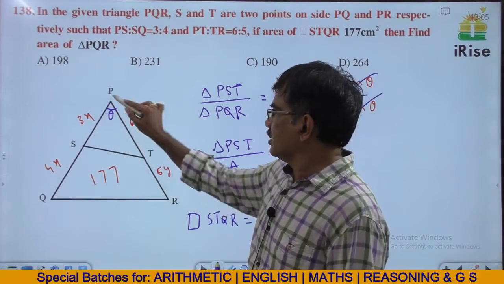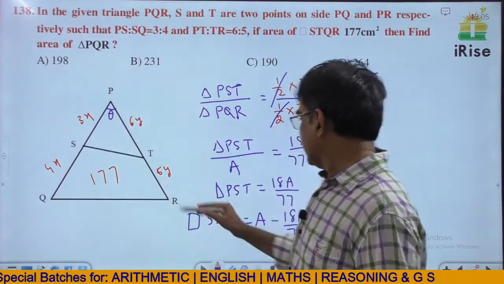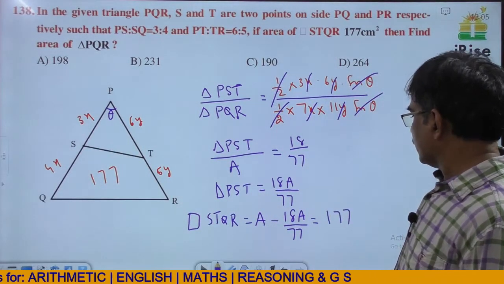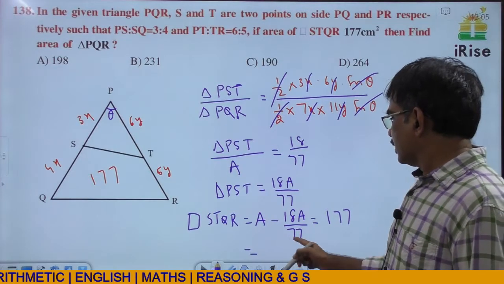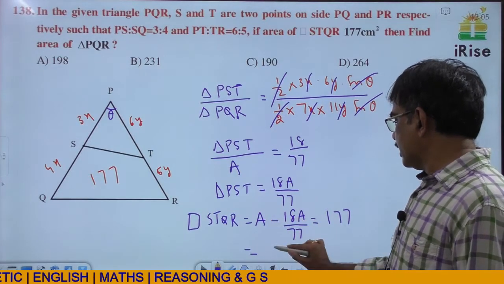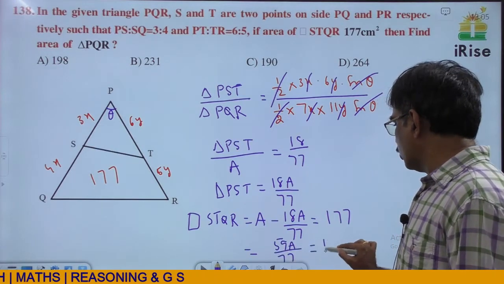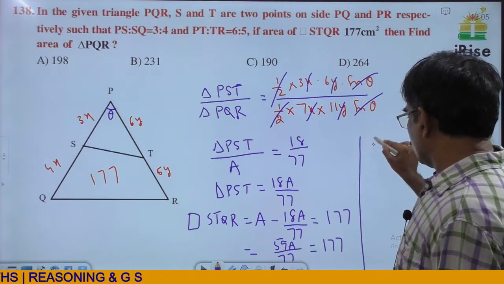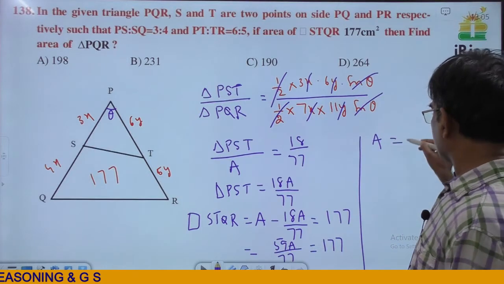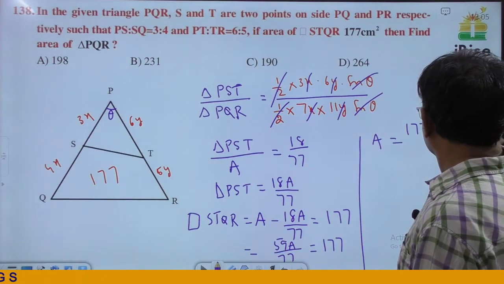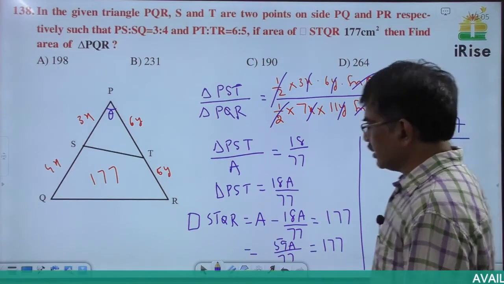Total area minus this triangle area gives this part area, which is equal to 177, already given. 77A minus 18A is nothing but 59A by 77 is equal to 177. So what is A? Just cross multiply: 177 into 77 by 59.